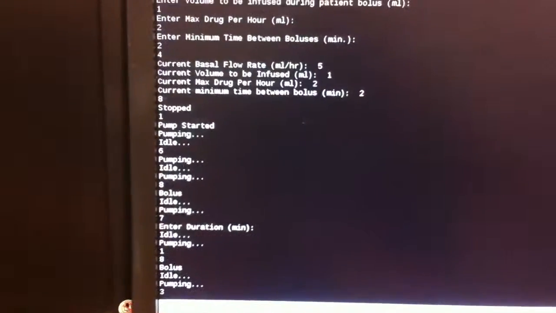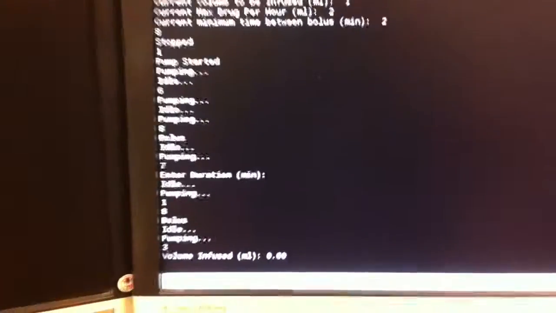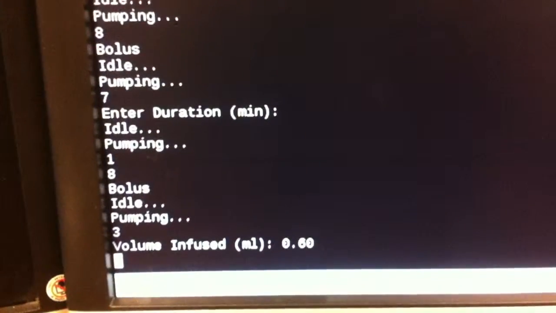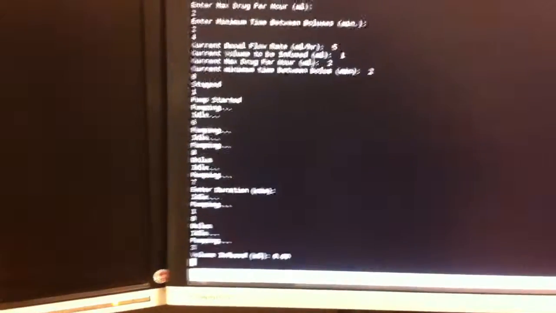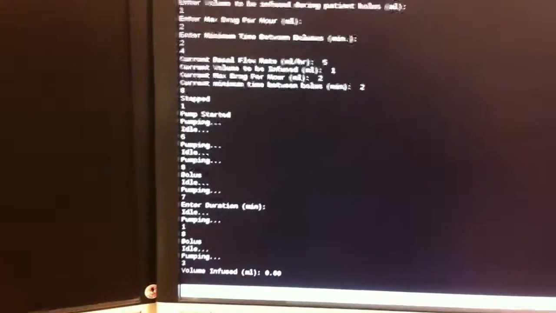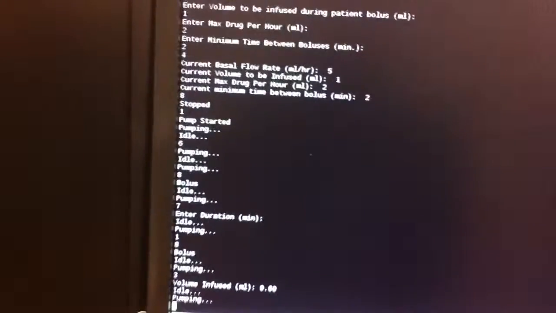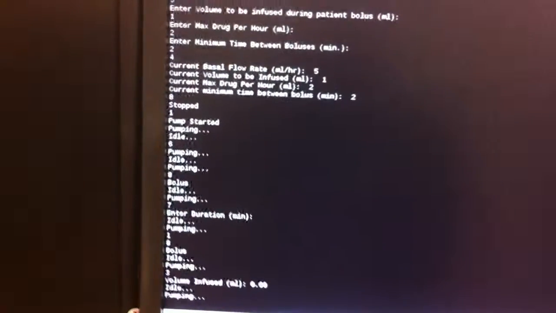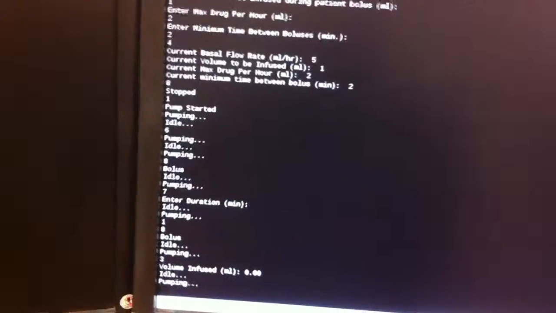So here also you can check how much drug was infused, and this is 0.6 milliliters so far. The patient bolus should take around 2 minutes, and after that it should switch into a clinician bolus.